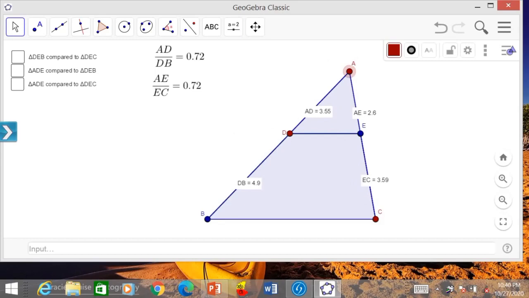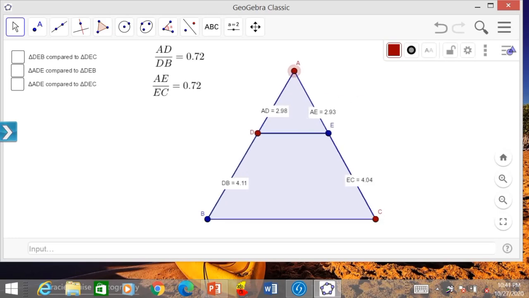Here AD is 3.55, DB is 4.9. If you divide AD by DB, then you will get 0.72. Here AE is 2.6, EC is 3.59. So AE by EC is equal to 0.72. So if DE is parallel to BC, then AD by DB is equal to AE by EC.